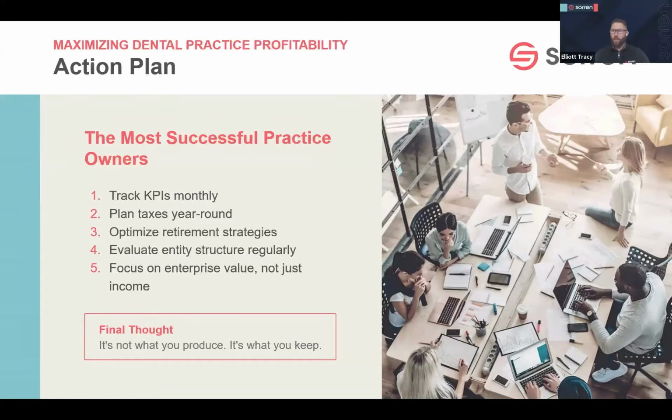Do we have multiple locations now? We're looking at a bigger buyout where we're looking at an EBITDA. It's just important to keep an eye on all these things. And so, final thought, it's not what you produce, it's what you keep. And that's what I talk about a lot. We're trying to make the best decisions we can so that you can keep more money in your pocket.